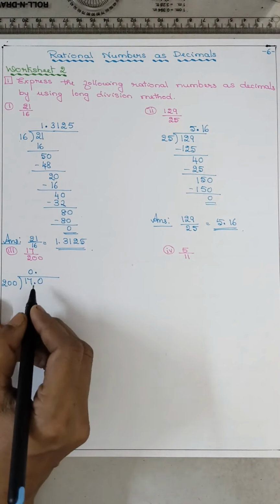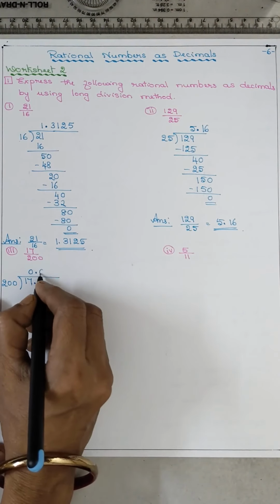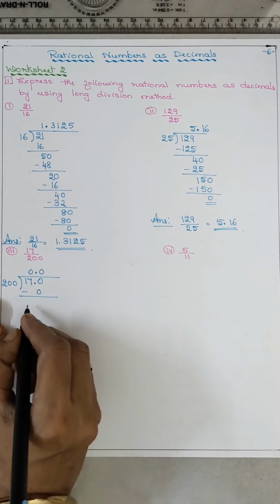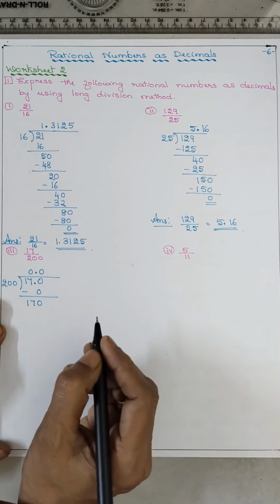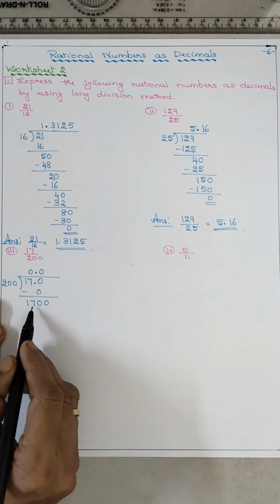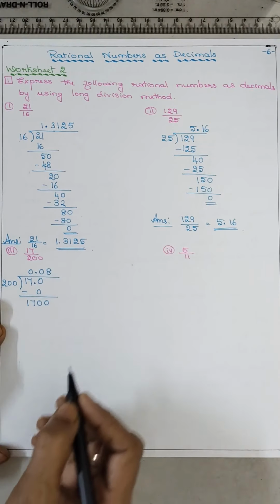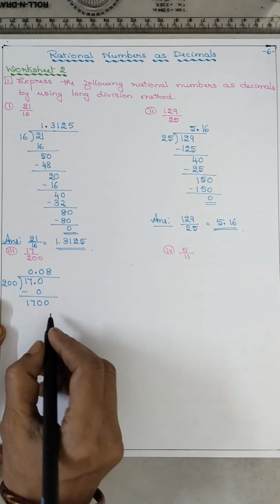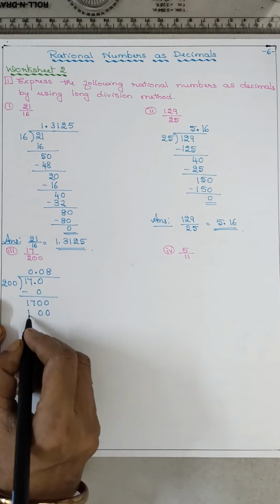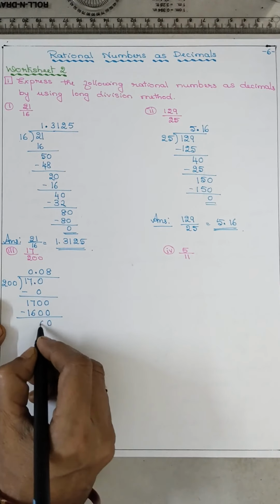Now 200 is bigger than 170. So it will be zeros. So 200 zeros are 0. So 170 as it is. Now take extra 0. 2 how much are 16? 2 8s are 16. So 8 zeros are 0. 8 2s are 16. 0 minus 0, 0.